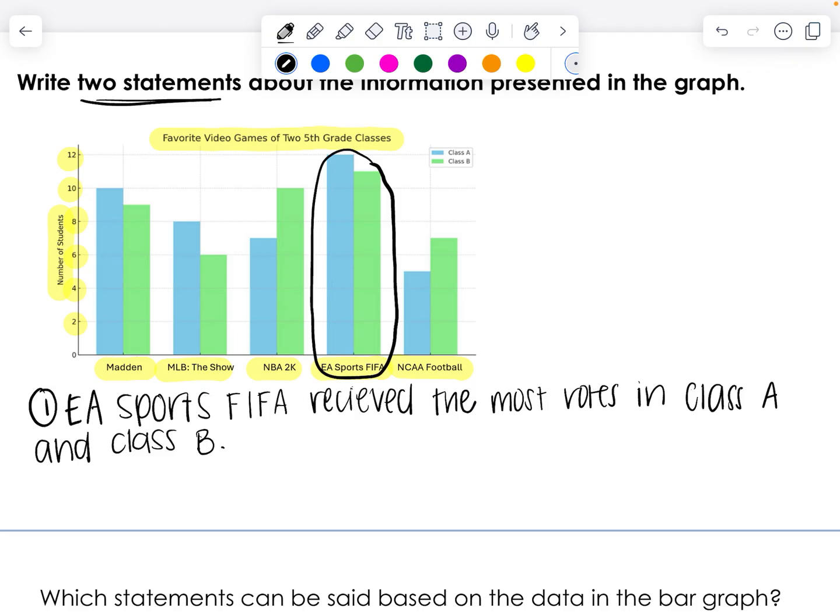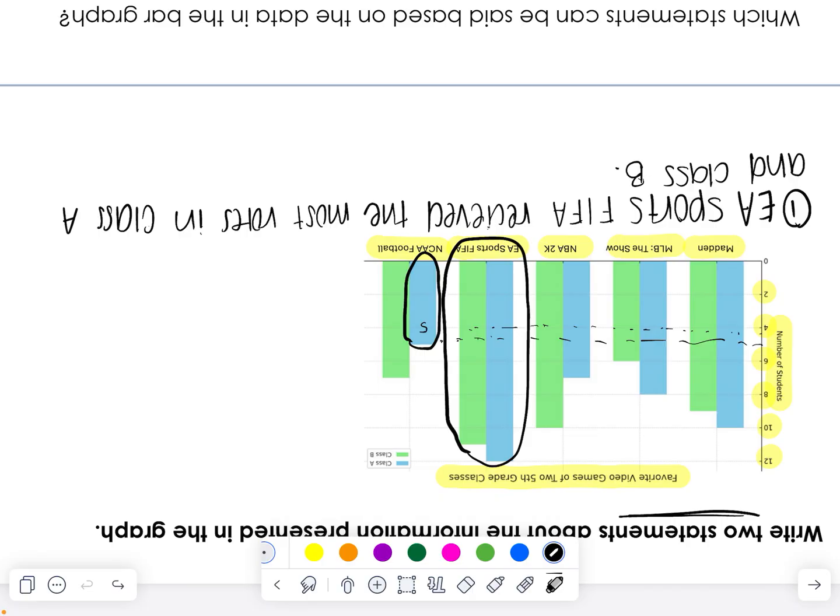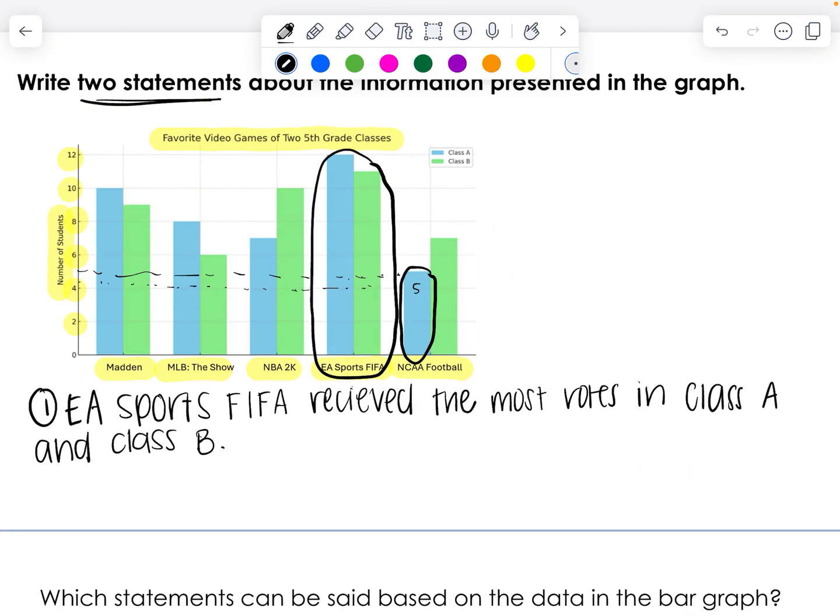I then notice that the shortest blue bar is for NCAA football. Class A only had 5 students choose this game. It is higher in Class B. Class B had about 7 people choose the game.